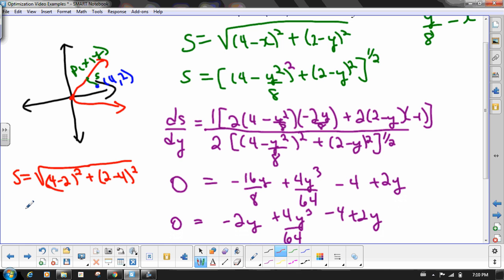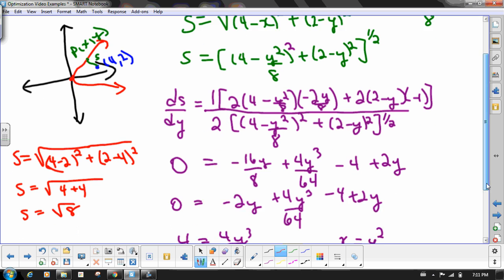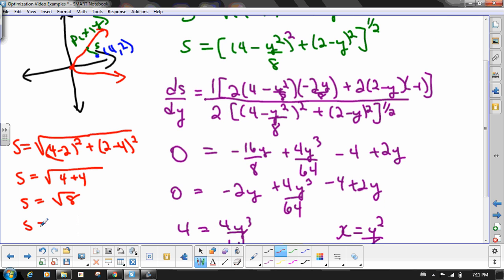So 4 subtract 2 is 2, I square that, I get 4. So I have the square root of 4 plus 4. So S is going to be the square root of 8. So the minimum distance is going to be 2 root 2 units. So that's how you can find the minimum distance.